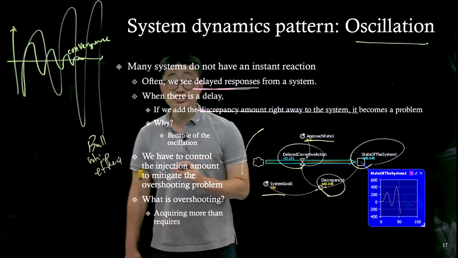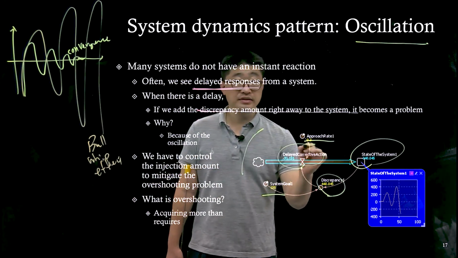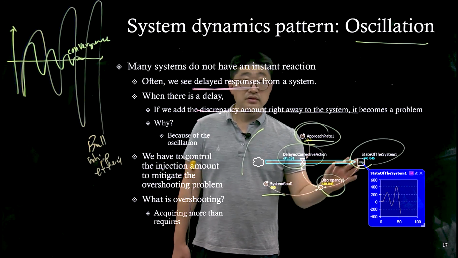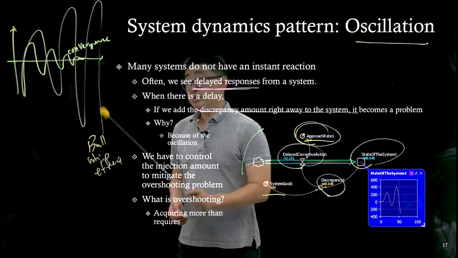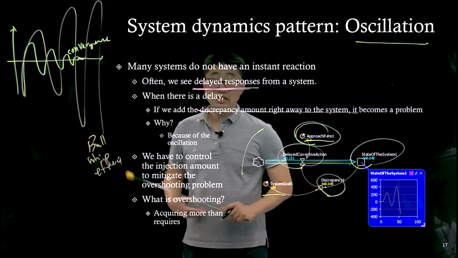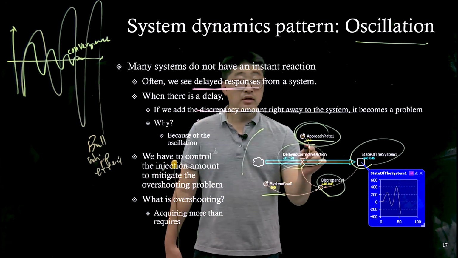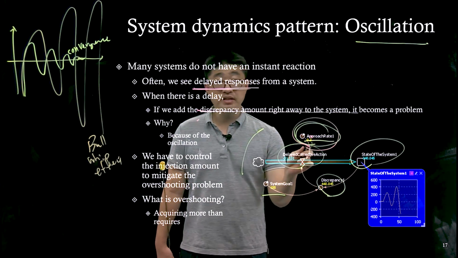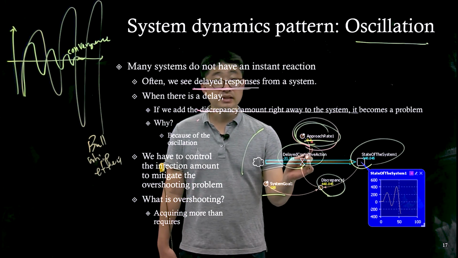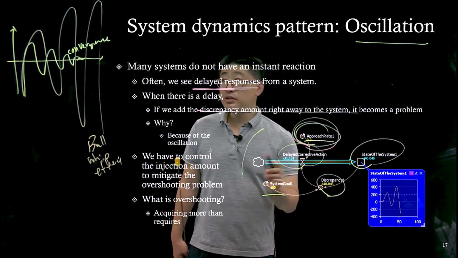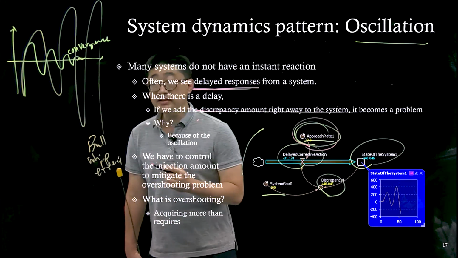That is actually this approach rate. These two systems will still work with the discrepancy-based correction. However, if the approach rate becomes different, then this overshooting behavior becomes worse.